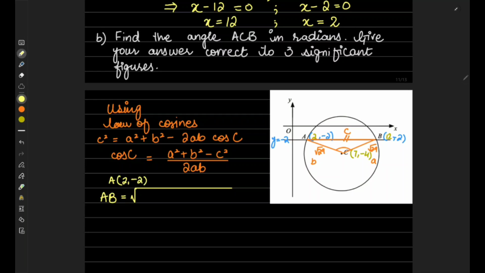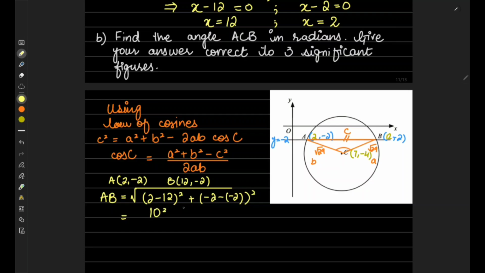B is 12 comma minus 2. So x2 minus x1 would be 2 minus 12 square plus y2 minus y1 would be minus 2 minus of minus 2 square.